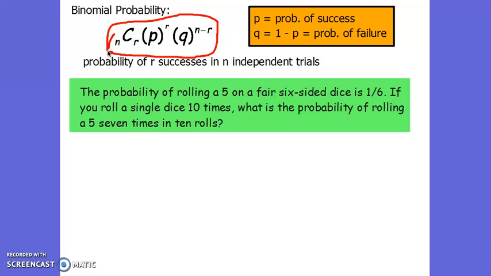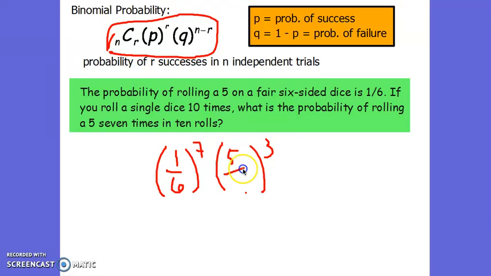It is very true that, yes, we are going to take 1/6, and we're going to roll that 1/6. We're going to get a 5 on our dice, and we want to get that 5 7 times. We also are going to roll 3 extra times, and the probability on those, we don't want the 5. We want something other than the 5. So that's going to be 5 out of 6.